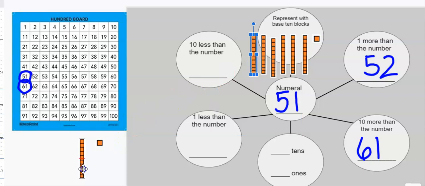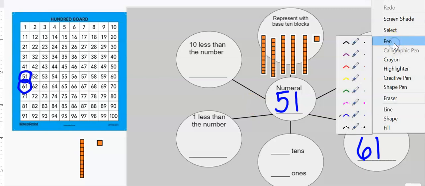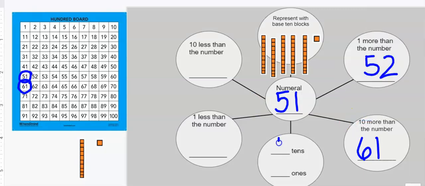Very good. Okay, so we talked about this just a minute ago. How many 10s do we have in 51? 1, 2, 3, 4, 5. That is correct. We have 5 10s. How many 1s do we have that we didn't have in a group there? Those are the leftover ones.